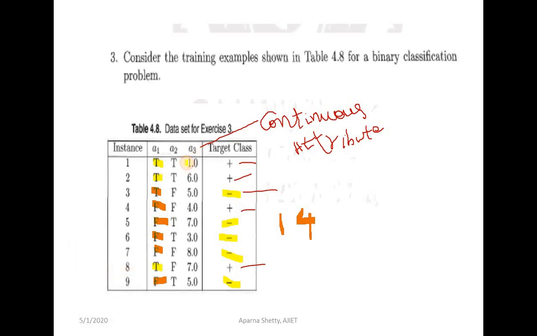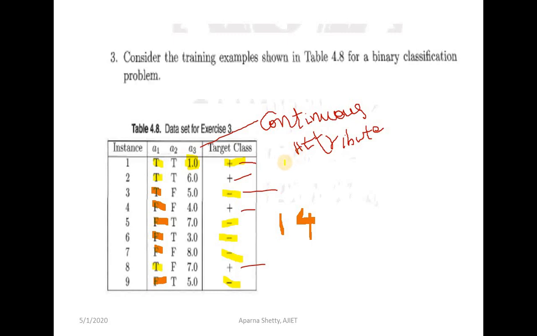There is only one value which is less than or equal to 2.0 and belongs to class plus. So the count over there should be 1.